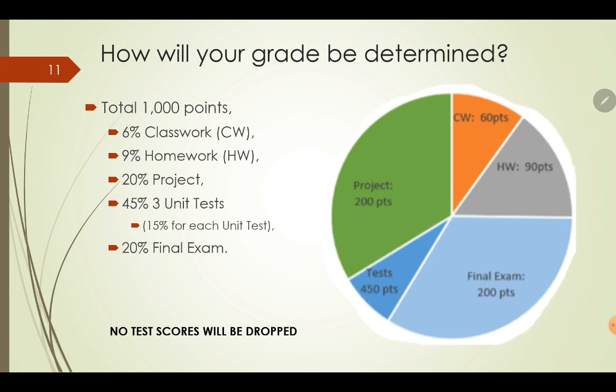And then your homeworks, that's the HW, there's 90 points on that, so there's like 30 homework lessons, so that's 3 points each, so that's 90 points total, so 9% of your grade. Project, as I said, it was 200 points, that means it's 20% of your grade. Tests are 450 points total, there's 3 of them at 150 points each, so that's 15% per unit test.